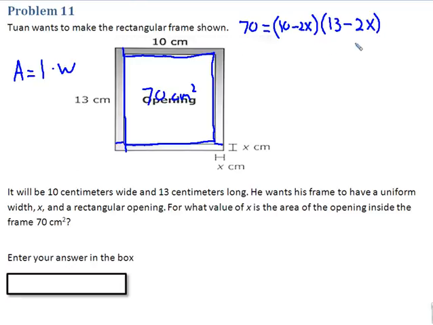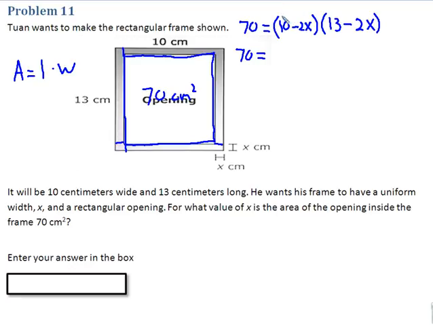Okay, and what we'll end up with here is a quadratic equation. We can solve that for x, and that's going to give us the width of the frame that fits this diagram and also gives us 70 centimeters on the inside. So let's go ahead and do that. We'll leave the 70 by itself for now.